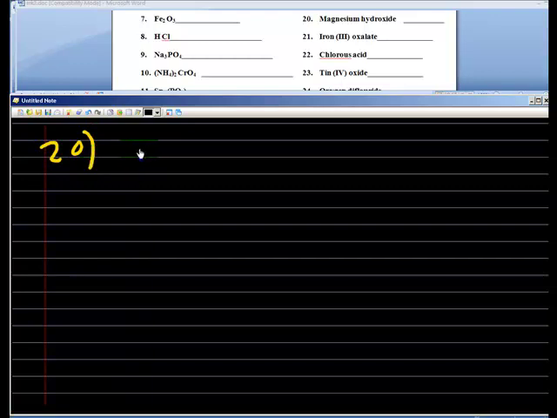Well, magnesium itself is not a polyatomic, it's just a single ion, magnesium Mg. If you look up on the chart, magnesium is a +2. If you now consult your polyatomic chart, you will find that the word hydroxide stands for OH.